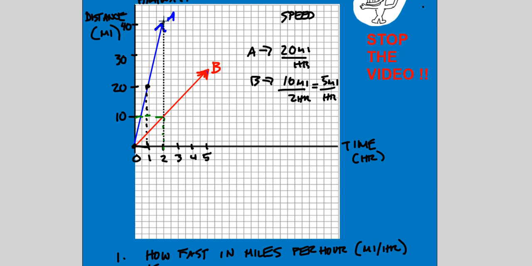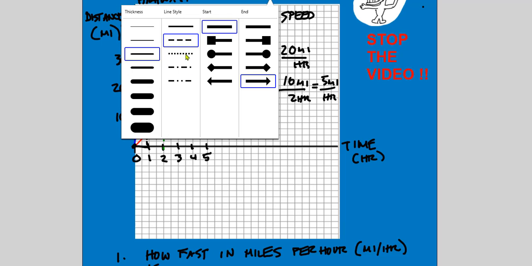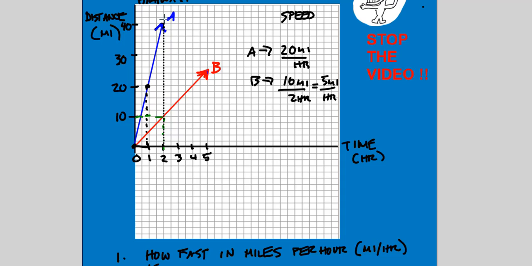Okay, there's 2 hours. That's a vertical line. Okay, now let's mark on that vertical line where 2 hours is for car B, and then for car A.